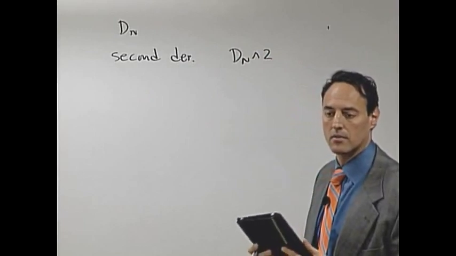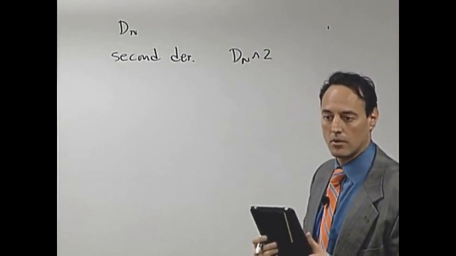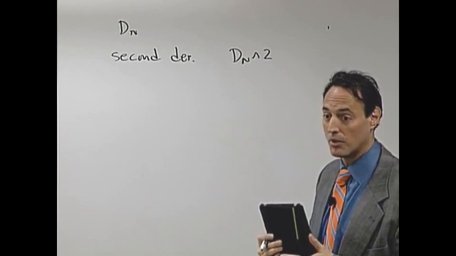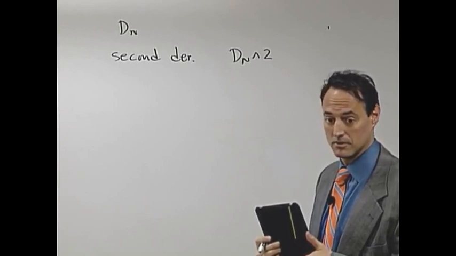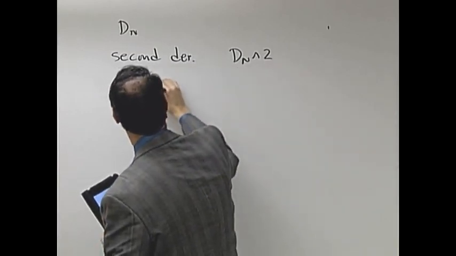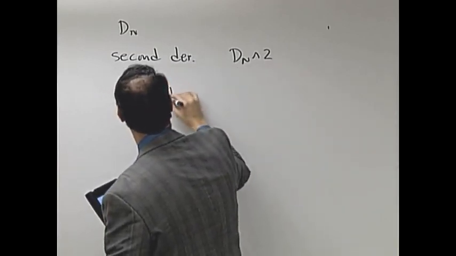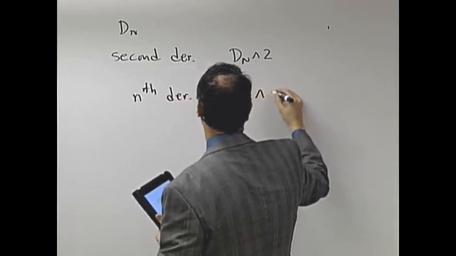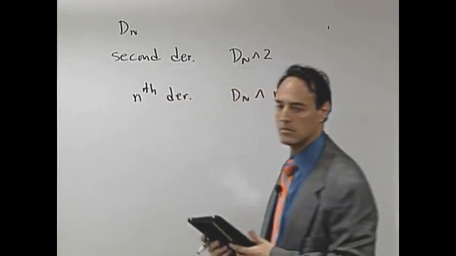You just square that thing. Now, important, don't put a dot there. This is not component by component. This is a real inner product of matrices. Okay? In fact, if you want the nth derivative, then you just take this D of n and raise it to the nth power.